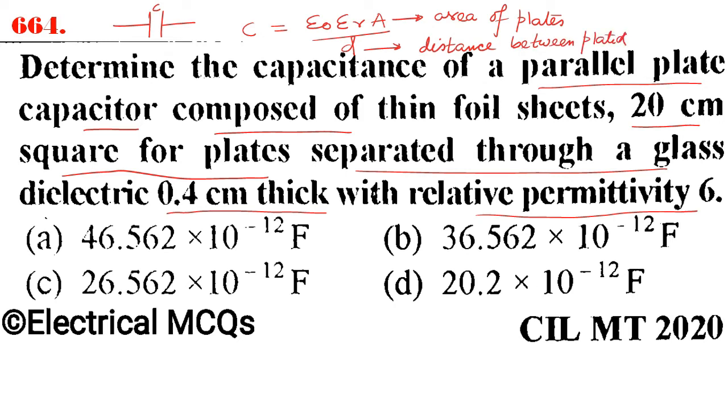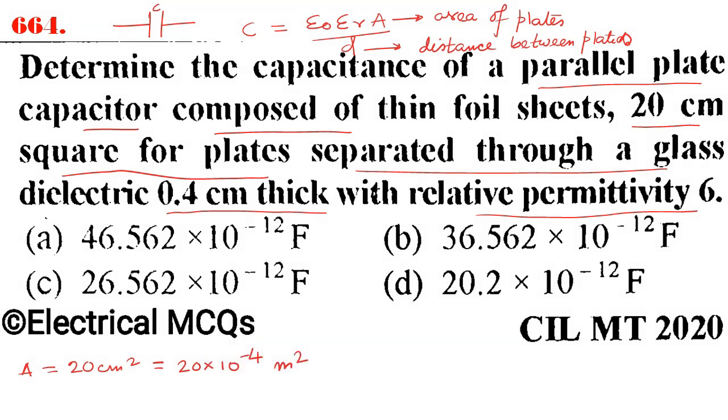So here A is given to be 20 centimeter square. Now what we know? We are doing the problems in SI units, so we have to convert it into SI. So this will be equal to 20 into 10 to the power minus 4 meter square.